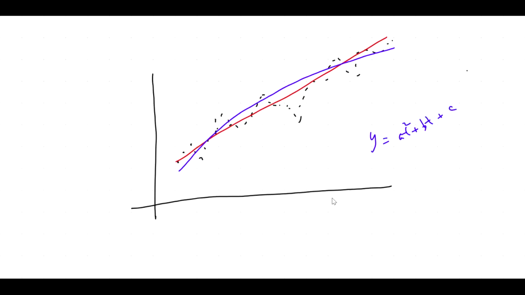These sort of functions are called quadratic function. So someone may propose a quadratic trend, or someone may propose a linear trend, y is equal to mt plus c. So this is the linear trend and this is the quadratic trend. It completely depends on you whether you want to work with a linear trend or you want to work with a quadratic trend.